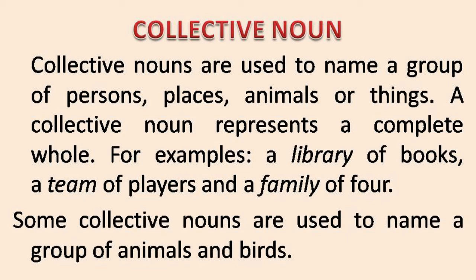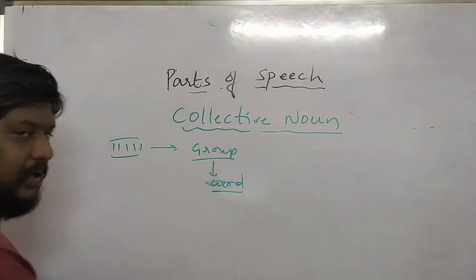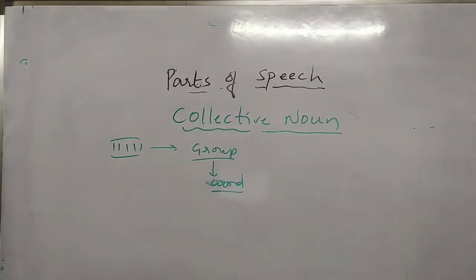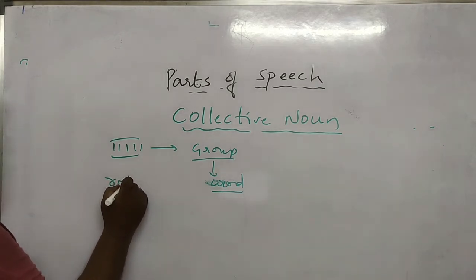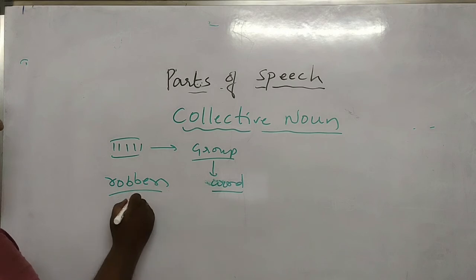Okay. Now in the collective noun, you will combine a few nouns and together we'll call them a group. You group them with a particular word. For example, if you want to tell about robbers, say there are some 10 robbers here.